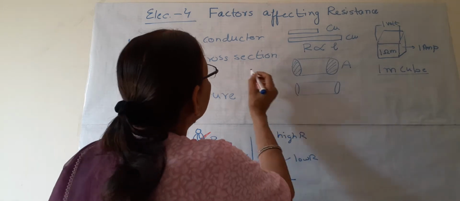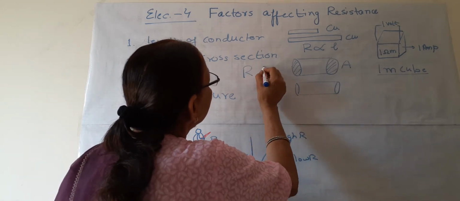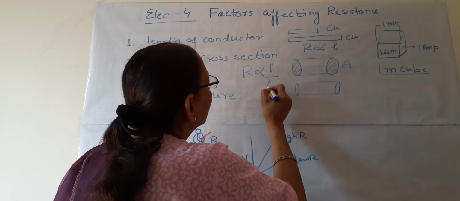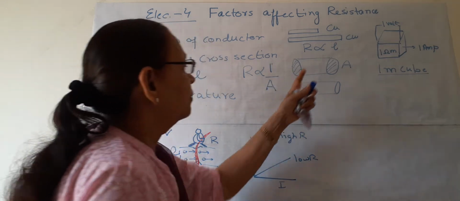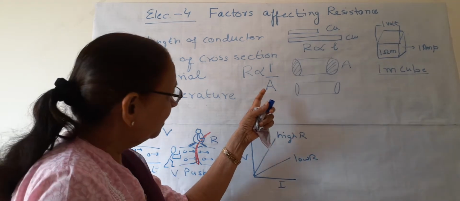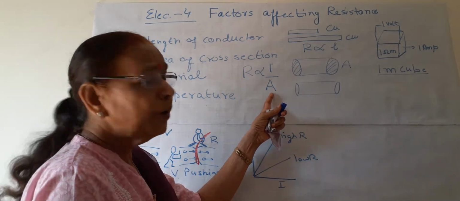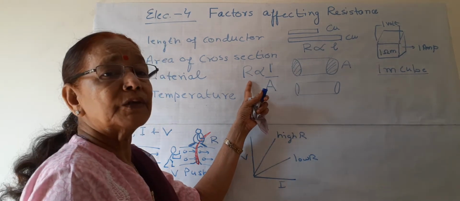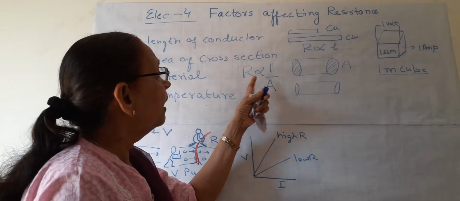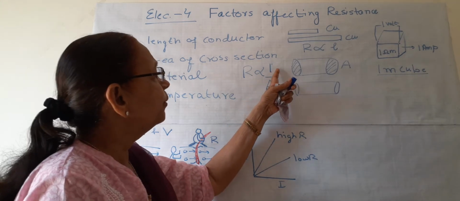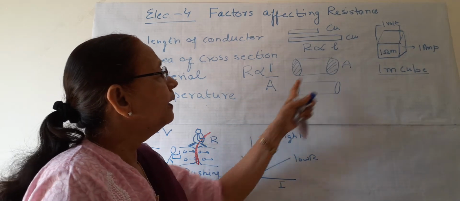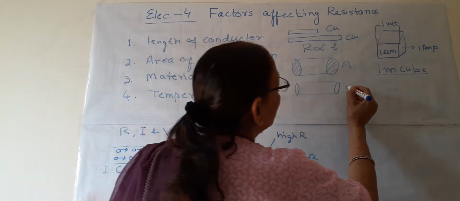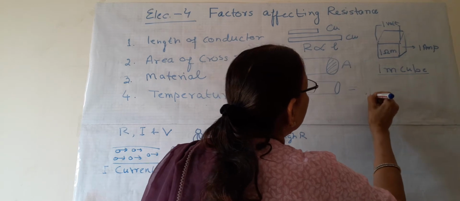What does it mean? That resistance is inversely proportional to the area of cross section of the wire. It means if area is more, resistance will be less. If area is less, resistance will be more. That is, R is proportional to 1 by A. A is area of cross section, which is equal to pi r square.